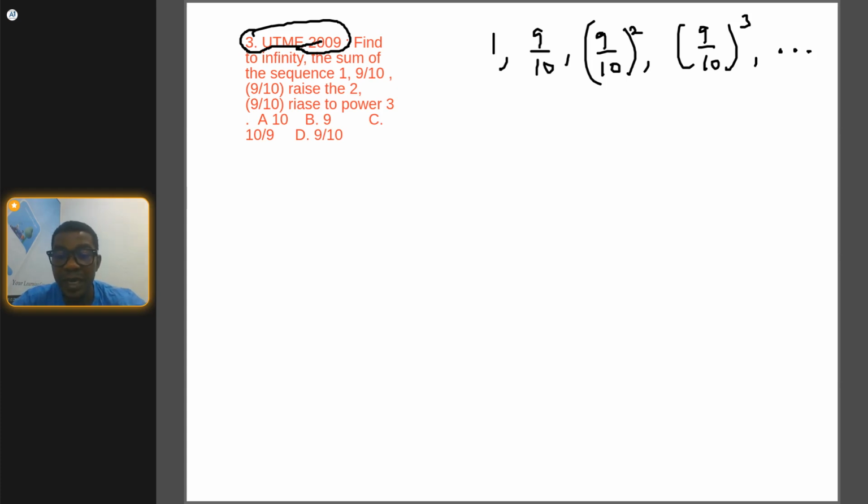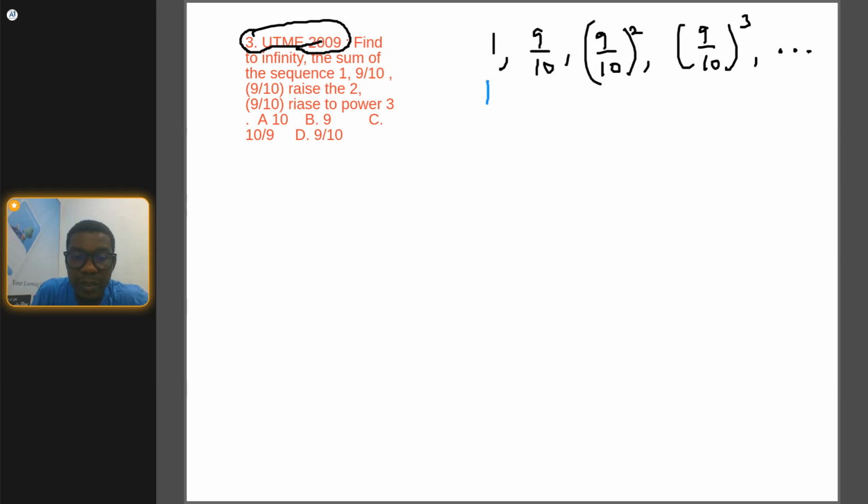So we are asked to find the sum to infinity of this sequence. Let's solve that together.